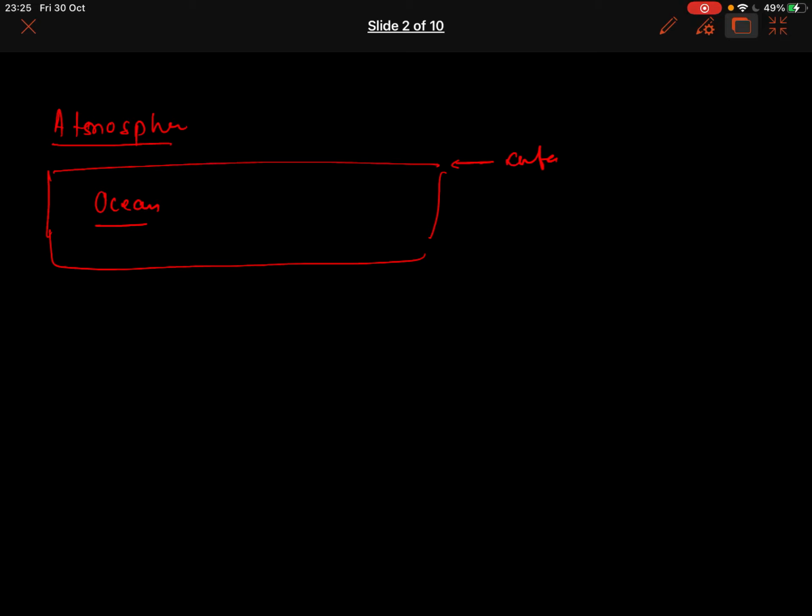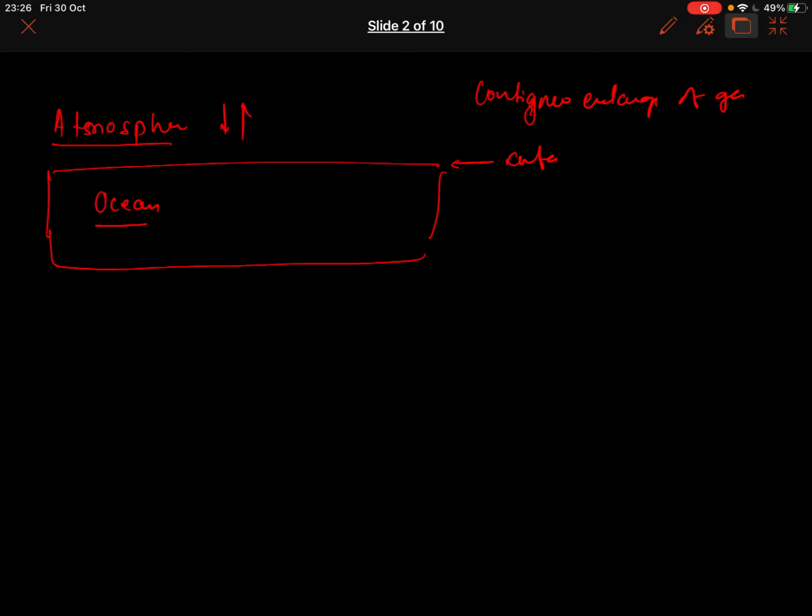Another important thing is that there is a continuous exchange of gases between the atmosphere and the ocean. The ocean absorbs some gases from the atmosphere and vice versa.